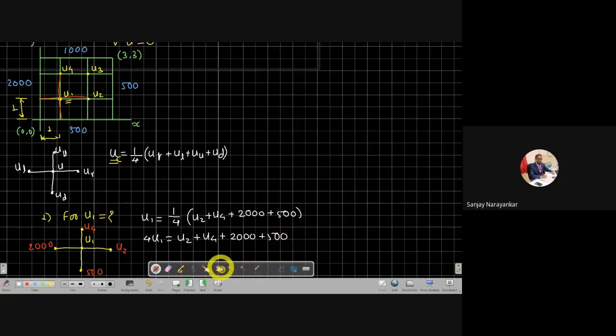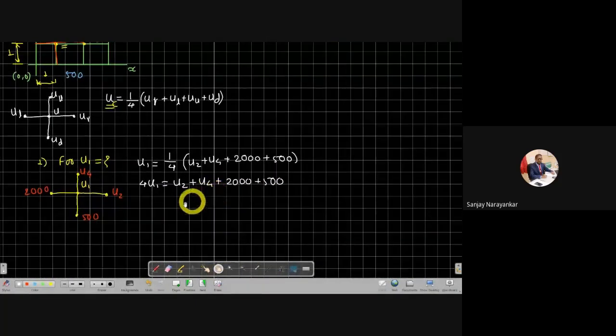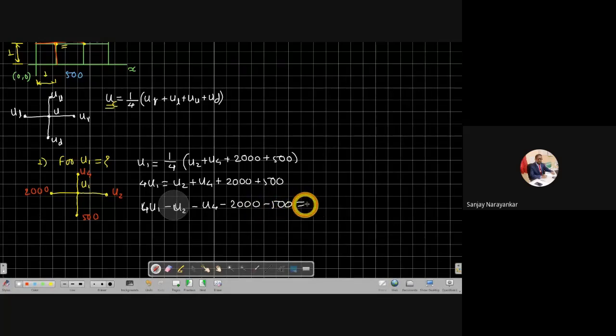Rewrite this equation for u1: 4u1 minus u2 minus u4 minus 2000 minus 500 is equal to 0.